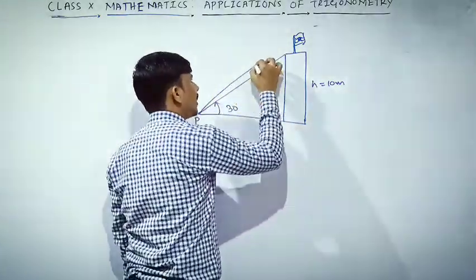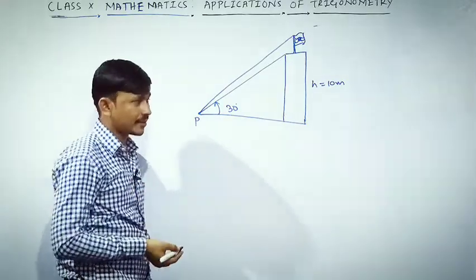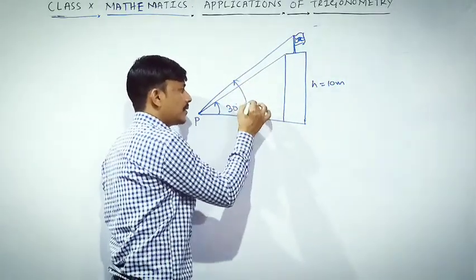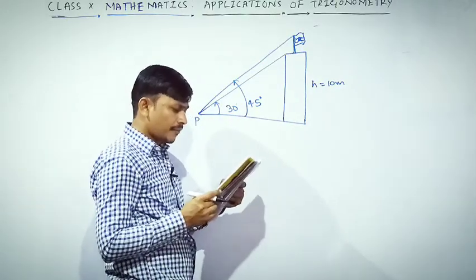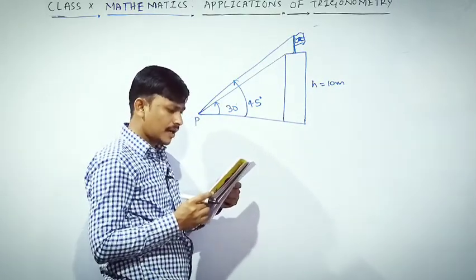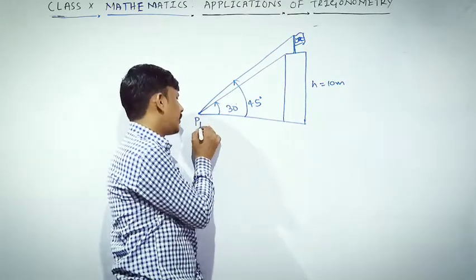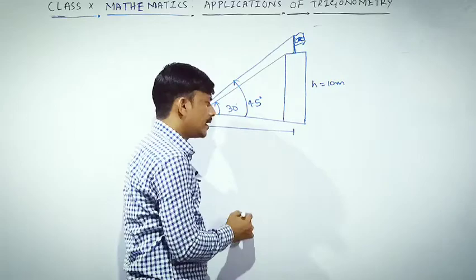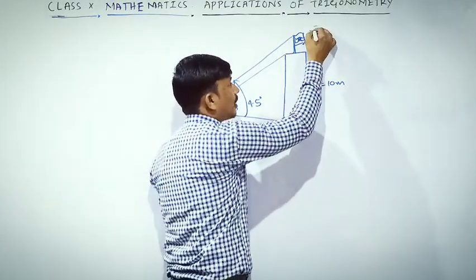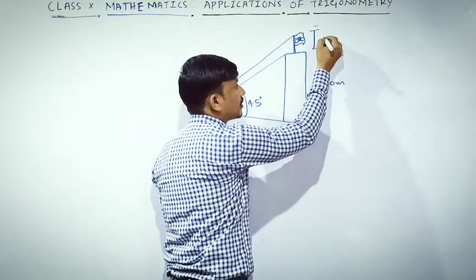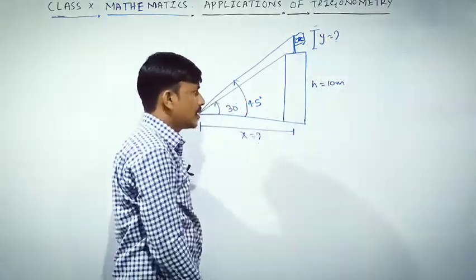From the point P, if you see the top of the flag, then what is the angle of elevation? 45 degree. Then what we need to find out? Find the length of the flagstaff and the distance of the building from the point P. We need to find out the distance between the building and the point P. X is equal to question mark, and also the height of the flag. Y is equal to question mark.